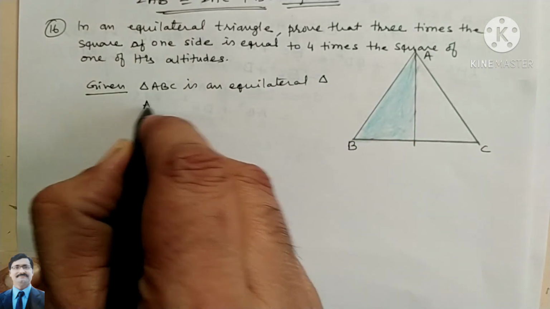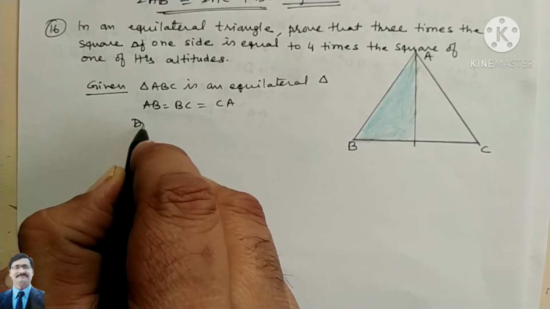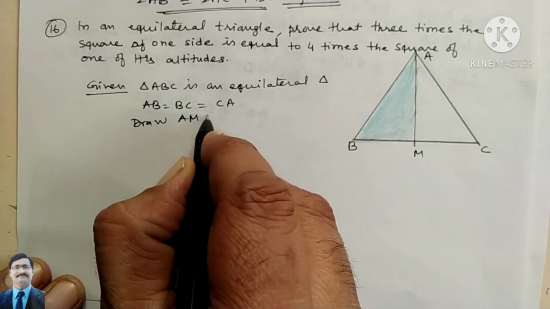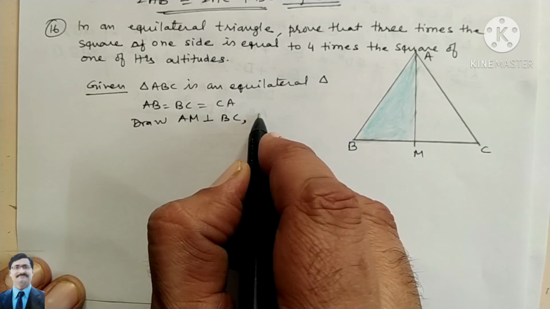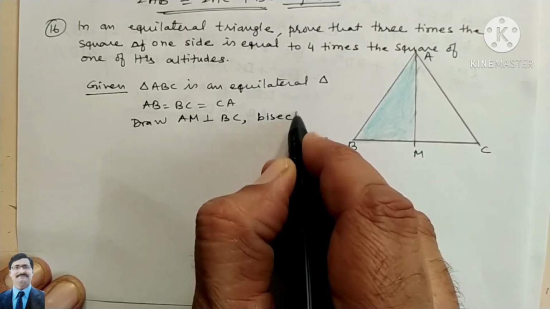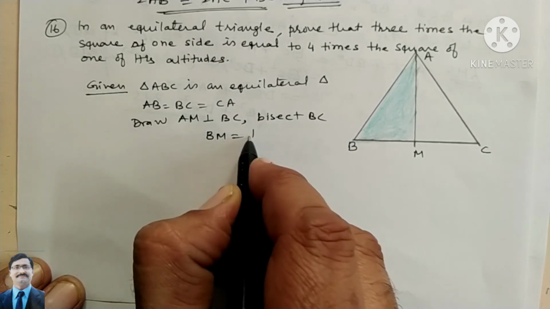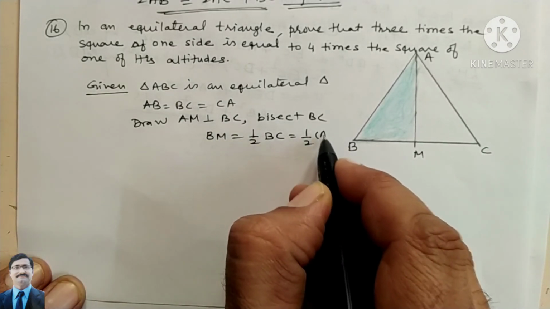Means we can write AB equal to BC equal to CA, and we draw AM perpendicular to BC. And this bisects BC also, so we can write BM equal to half of BC, and BC is equal to AB.